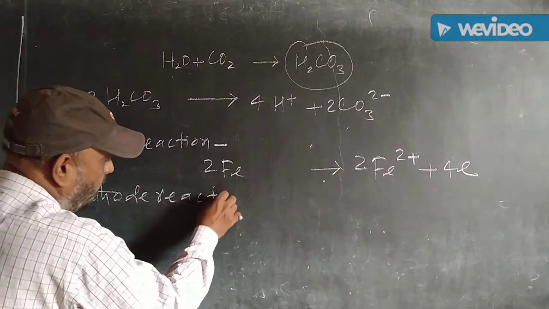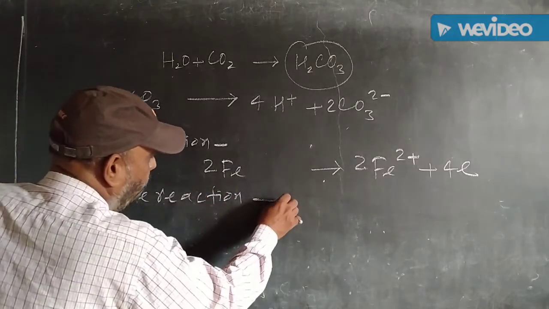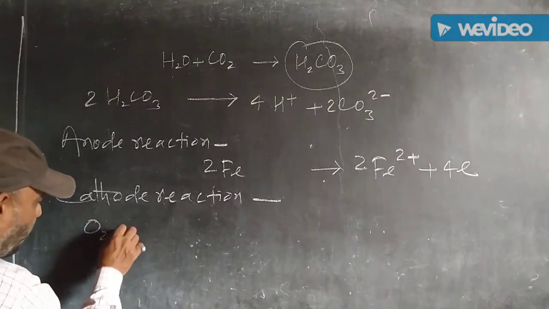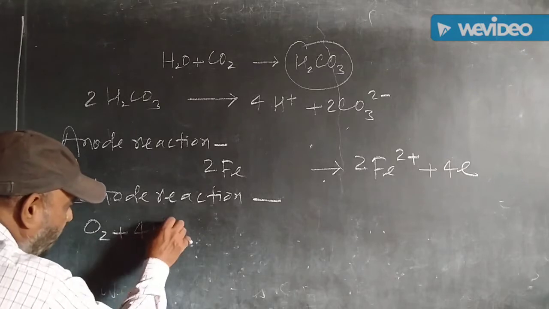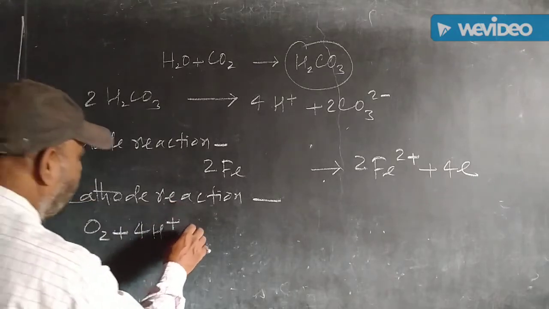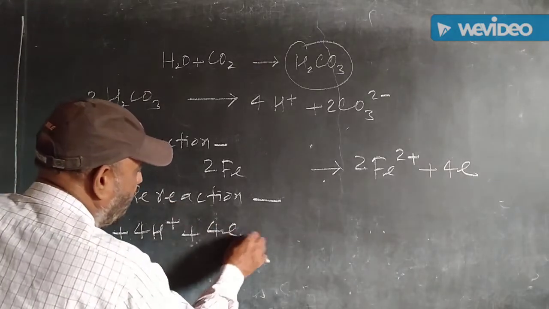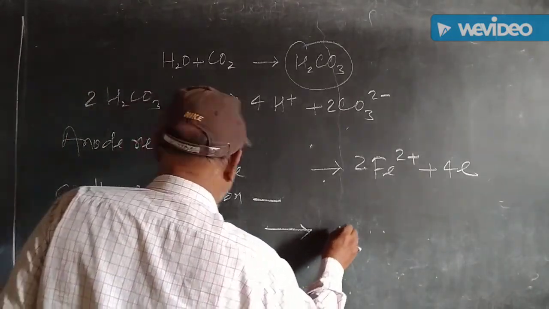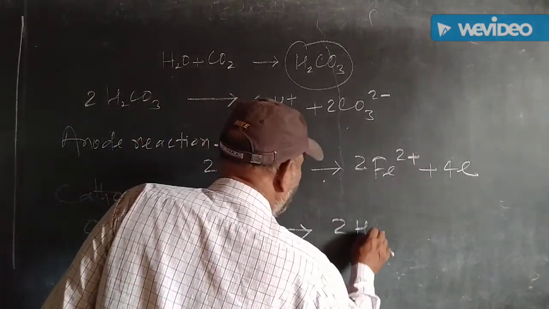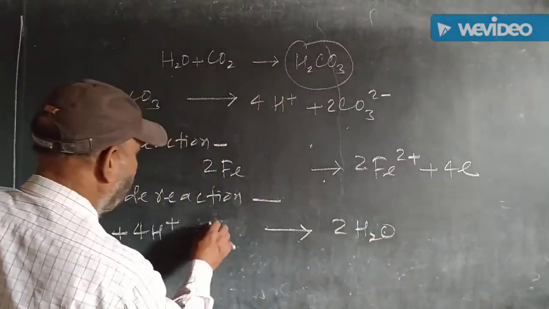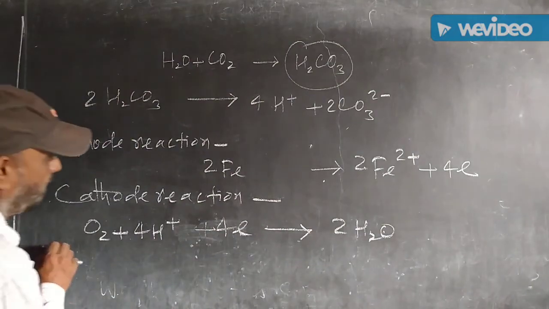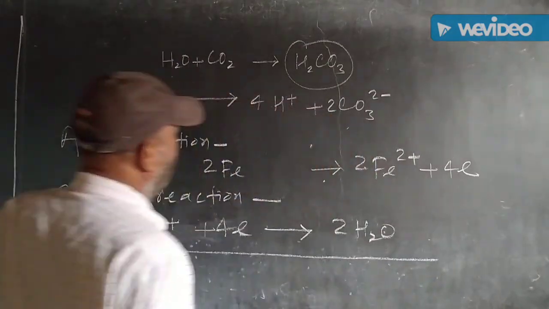Cathode reaction for rusting: O2 plus 4H+ plus 4 electrons gives 2H2O. It is reduction.